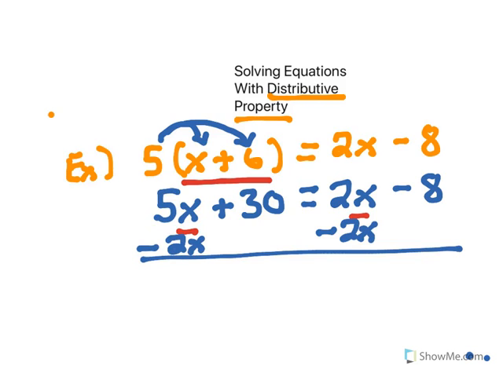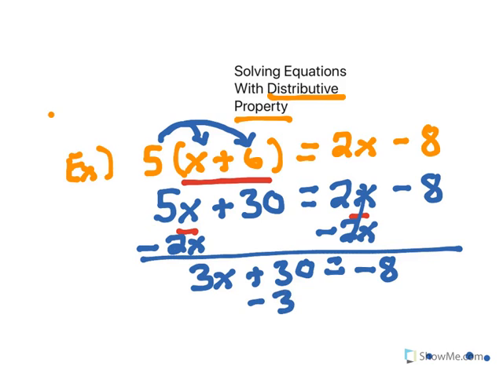So on this side, 5x minus 2x gives me 3x plus 30 is equal to negative 8. All right, from here, I'm going to subtract 30 on both sides.